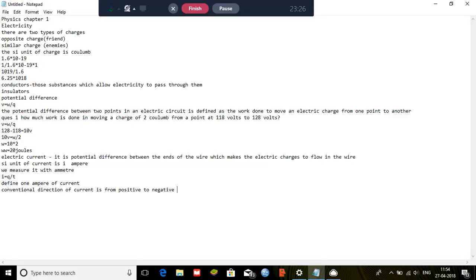As I told you, there are two types of charges, opposite and similar charges. We did this in the starting session. So the conventional current flows from positive to negative.